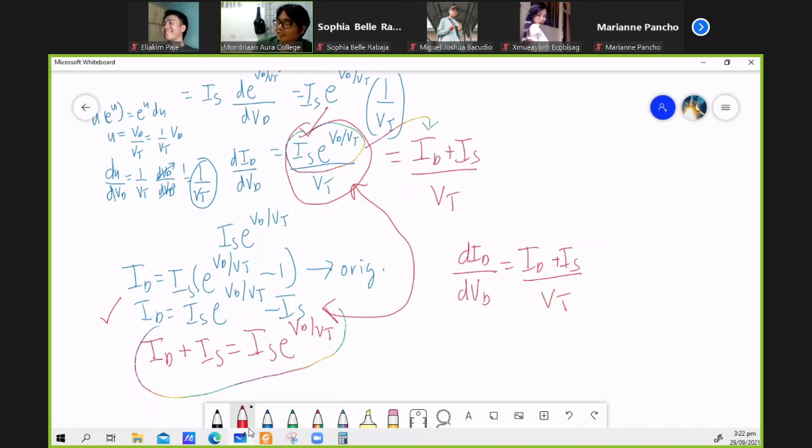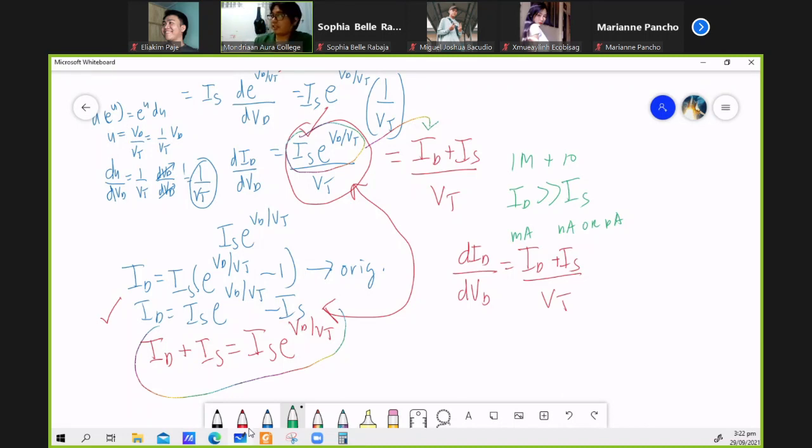Okay, alalahanin natin ID and IS. ID is the diode current kapag naka-forward bias. Remember, anong level nito? Nasa milliamperes. Anong level ng I sub S? Nasa nano or picoamperes. So, ibig sabihin, I sub D is much greater compared sa I sub S. It's like adding 1 million plus 10. So, 1 million plus 10 is equal to 1 million and 10.